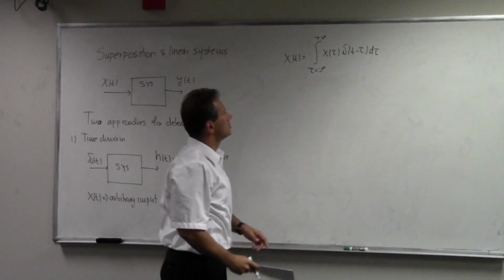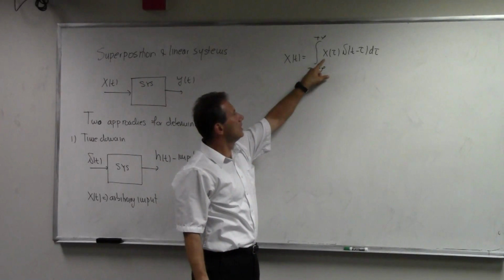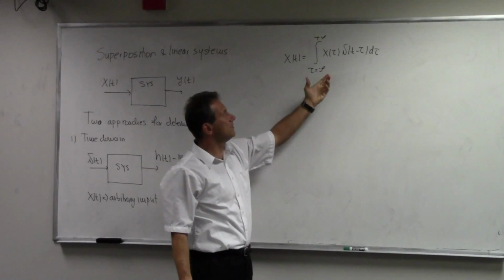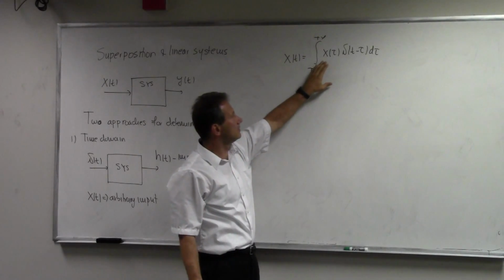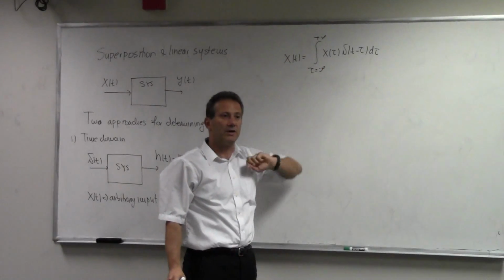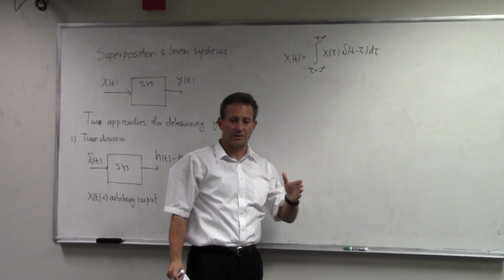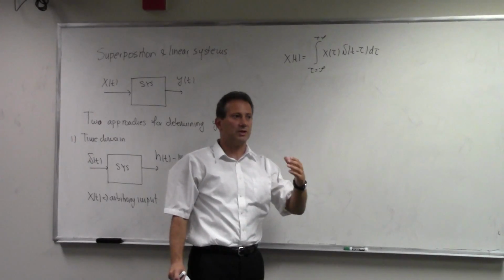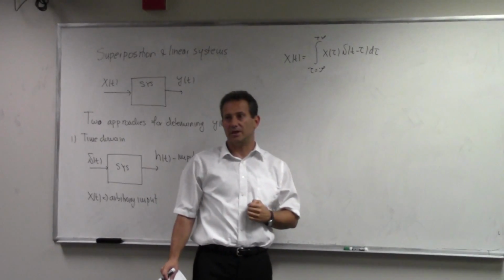How should you understand this? Well, look at it this way. Look at a specific time tau. At that time we have an impulse that is multiplied by the value of the function at that time. So you are seeing an input signal as a whole bunch of delta pulses coming one after the other.